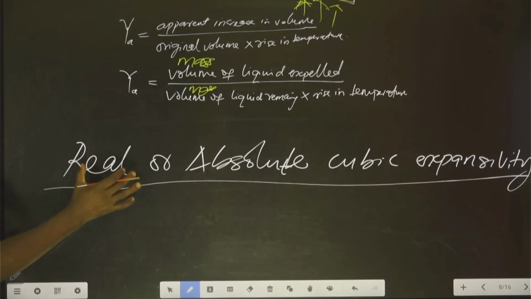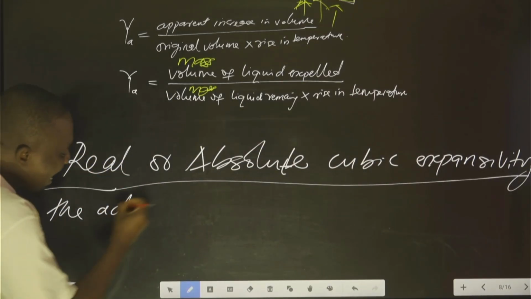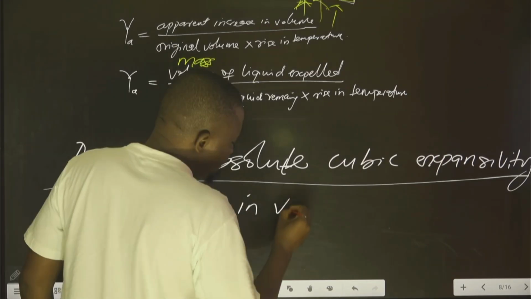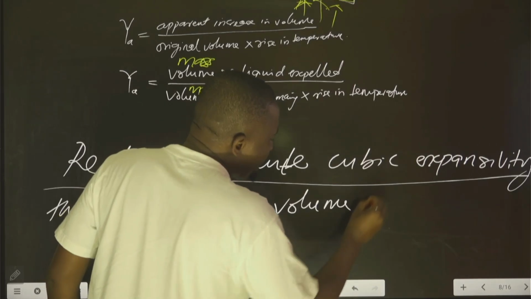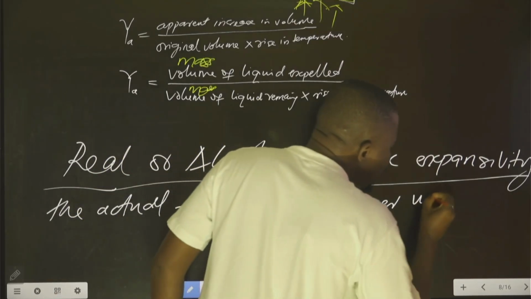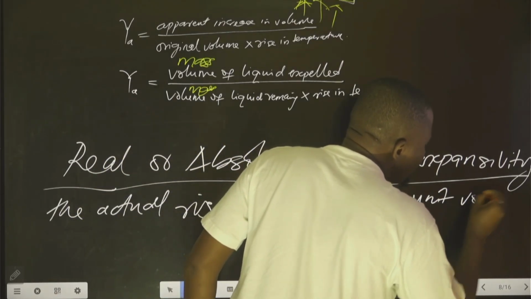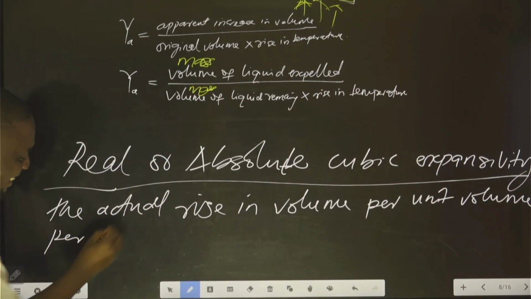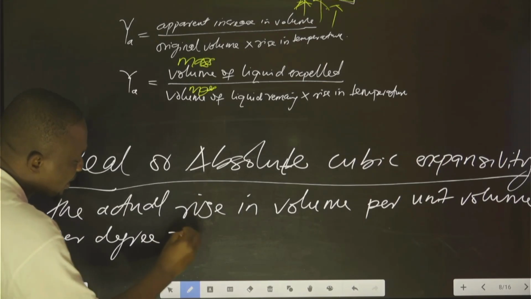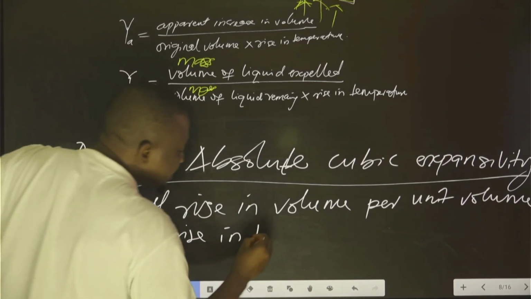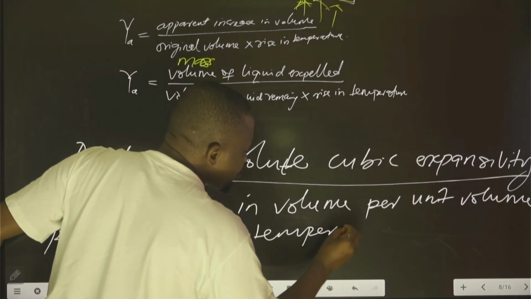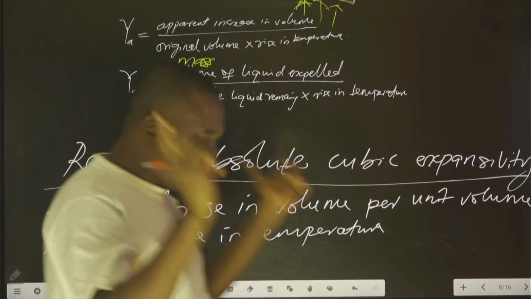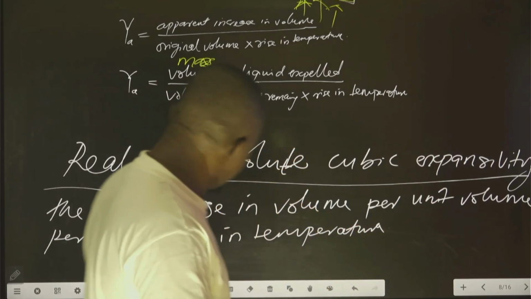This is defined as the actual rise in volume per unit volume per degree rise in temperature. This definition is just trying to cover the formula.